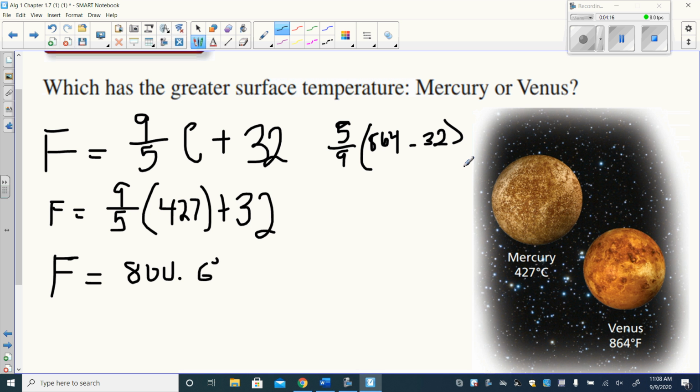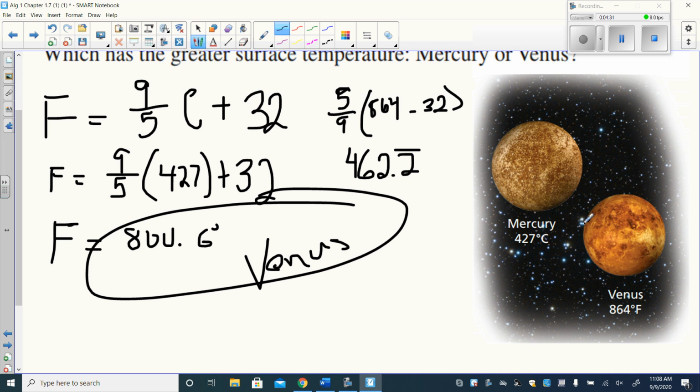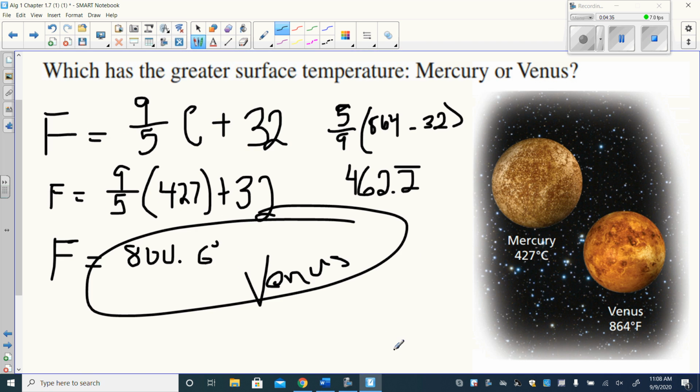And if we plug this into the calculator, we would get 462.2 repeated for Celsius. So, which one's hotter? Venus has the hottest surface temperature because it had the greater value. And that's it. That's all we had to do for this.